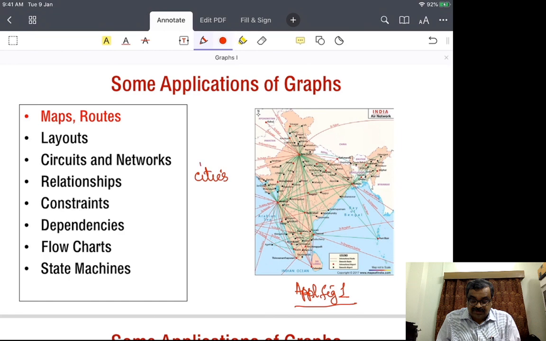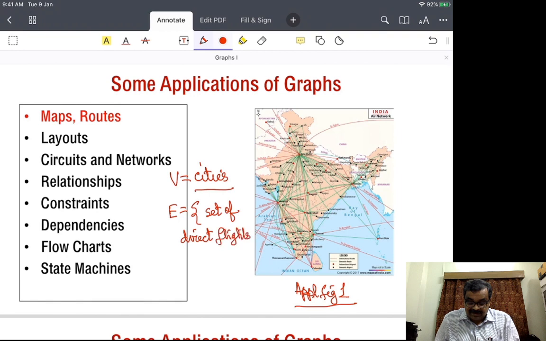So the nodes of this graph are cities. So V is equal to the set of cities. On the other hand, E is equal to the set of direct flights between cities.